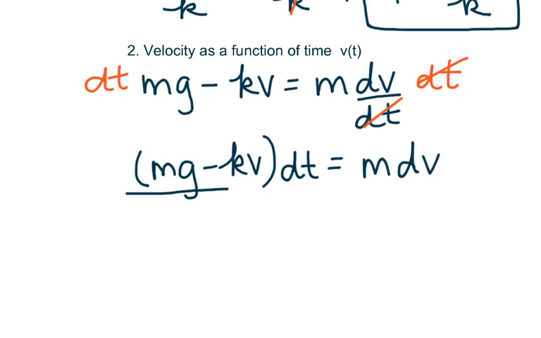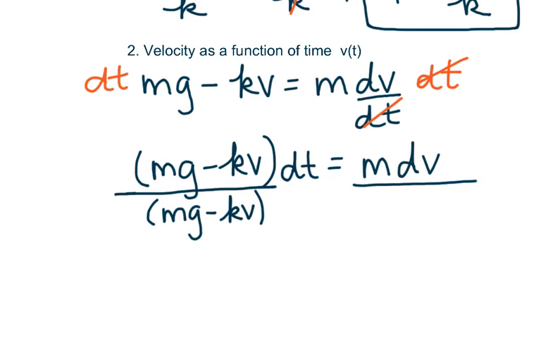Then I'm going to divide both sides by the quantity mg minus kv. And I'm also going to divide both sides by m.